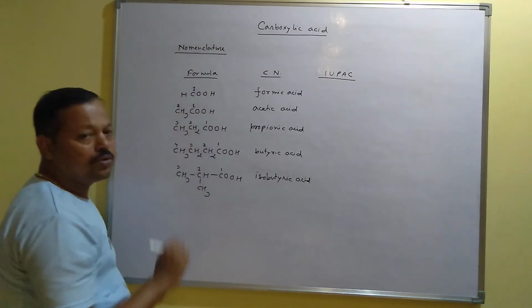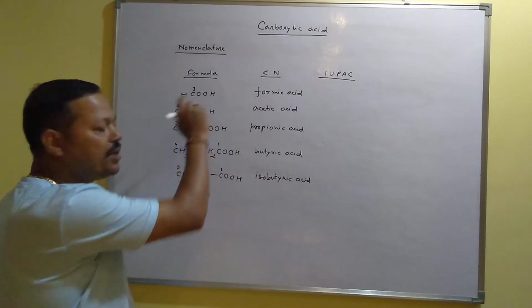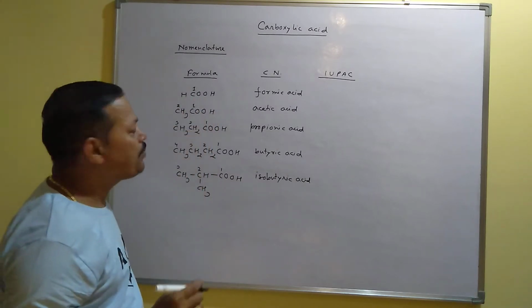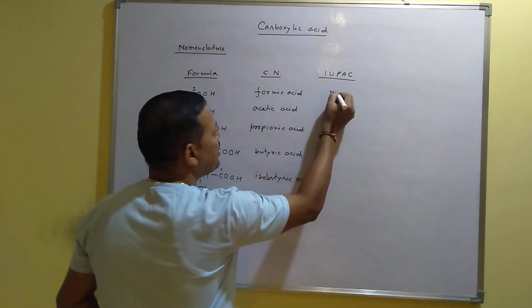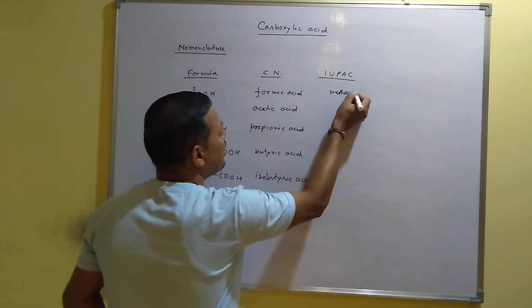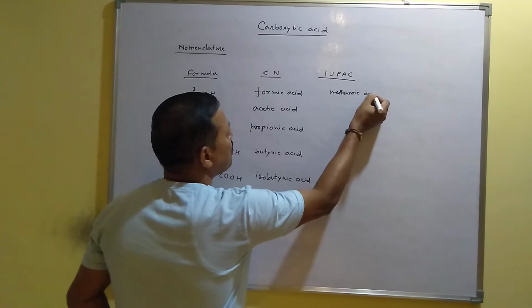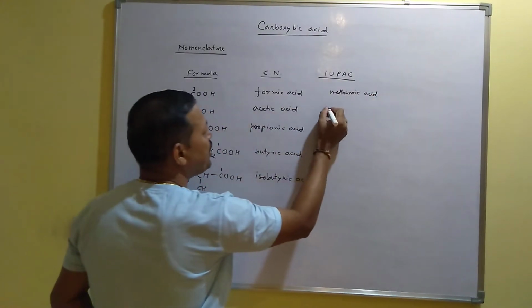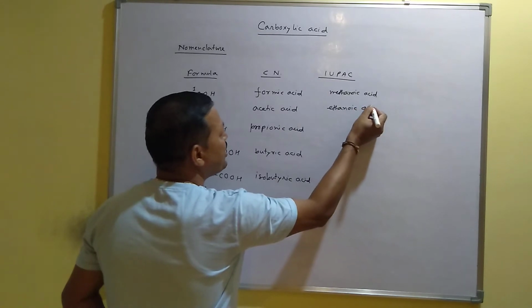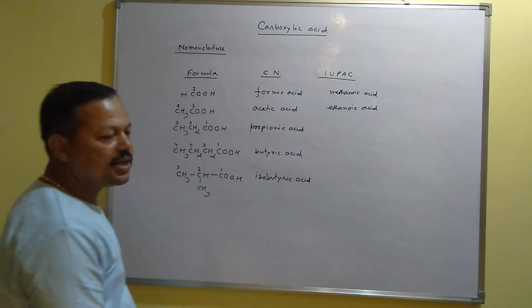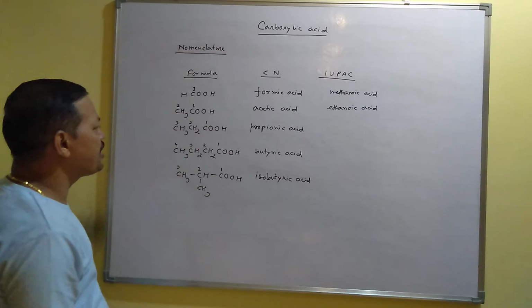In the first compound, only 1 carbon is present, so methane, and for carboxylic acid you have to apply the suffix oic acid. That's why it is called methane plus oic acid, methanoic acid. The second one has 2 carbons, that's why ethane, so it is called ethanoic acid. Ethanoic acid and acetic acid are both the same. Acetic acid is the common name, ethanoic acid is the IUPAC name.